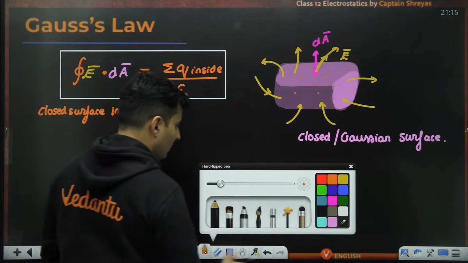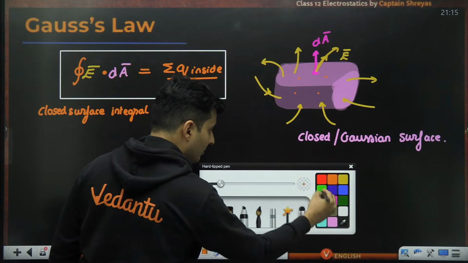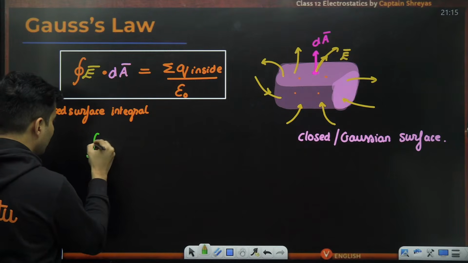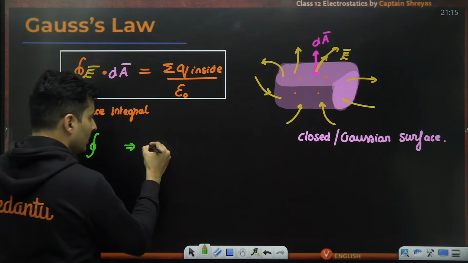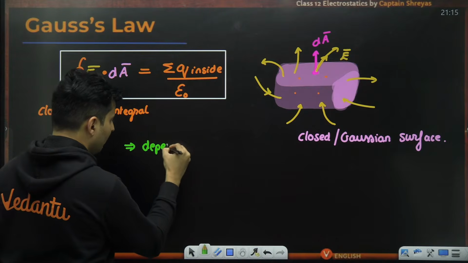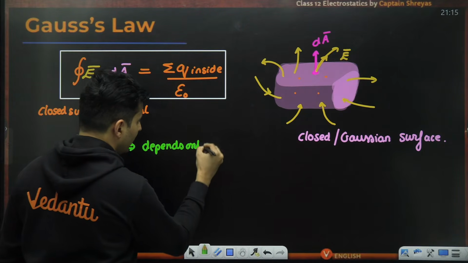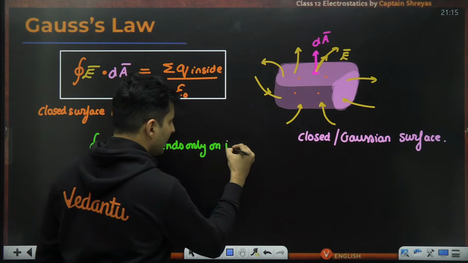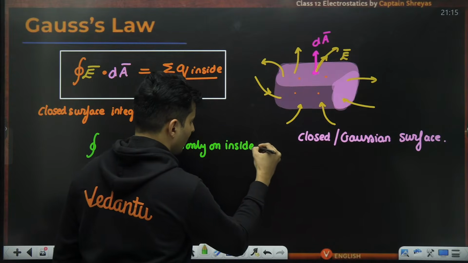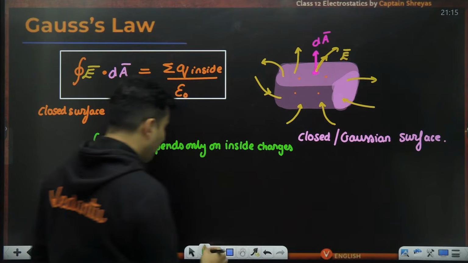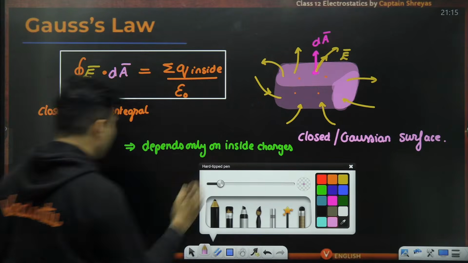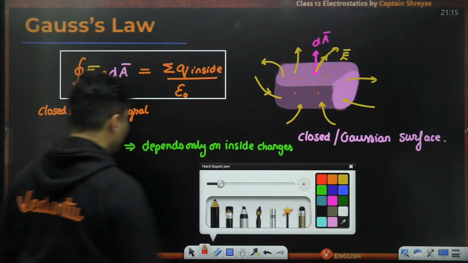Very, very important thing which I am telling you, the total integration's value depends only on inside charges. But there is a big but over here. What is that big but?